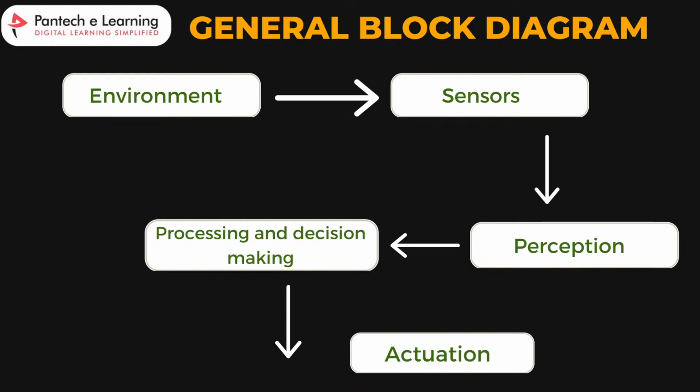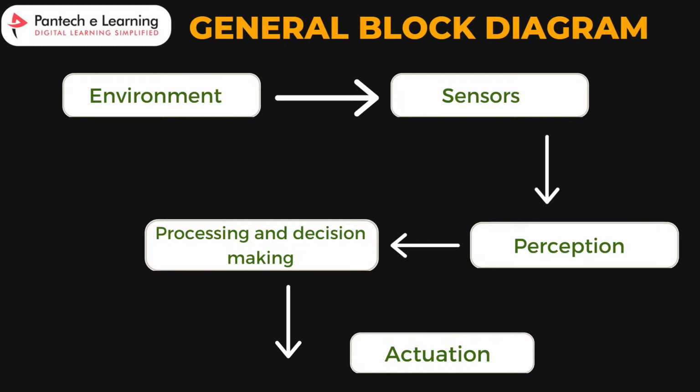And then processing and decision making. This is the brain of the autonomous vehicle. It analyzes the information from the sensors to understand the current road situation. If it detects any potential danger, it decides what action to take. That is called processing and decision making.